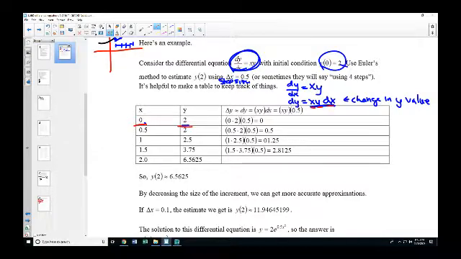Okay, and what's our change in our x value? 0.5. Okay, so this is our change in x. So our first problem is the x, 0, times the y, 2, times the change in the x value, 0.5, which gives us 0.